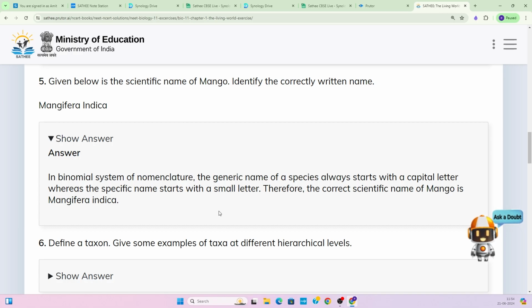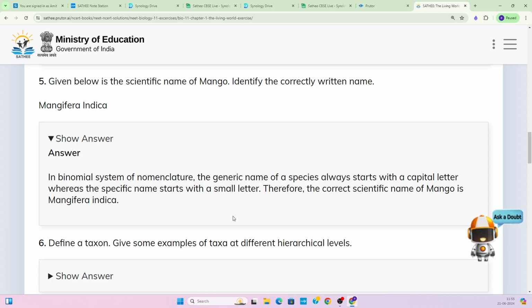The binomial system of nomenclature was given by the scientist Carolus Linnaeus. Very famous name in classification, when you are studying taxonomy. When you study taxonomy, you are studying the way of giving names to organisms.